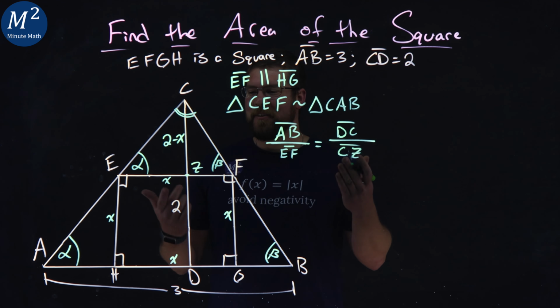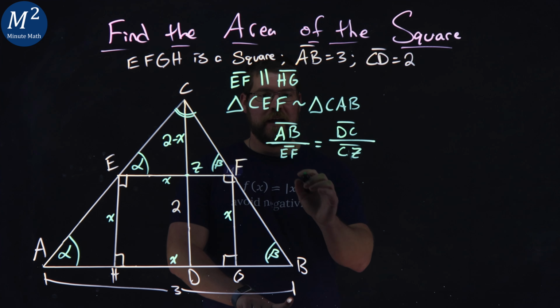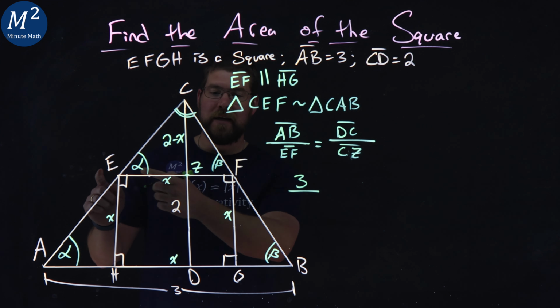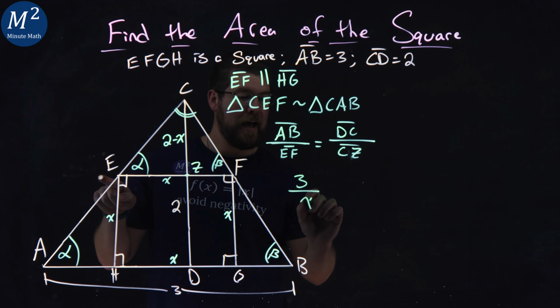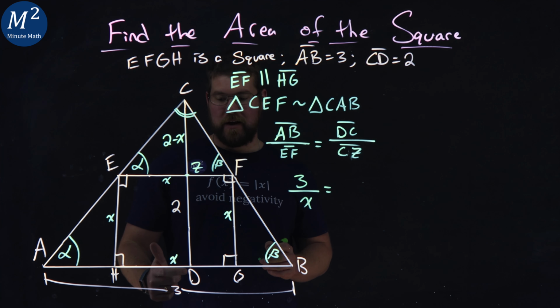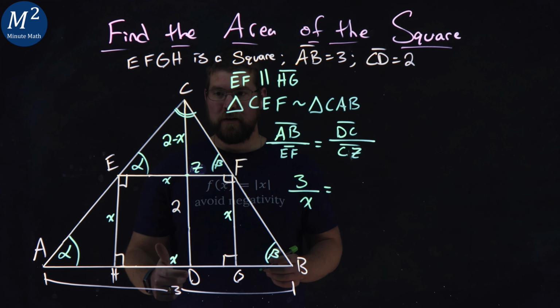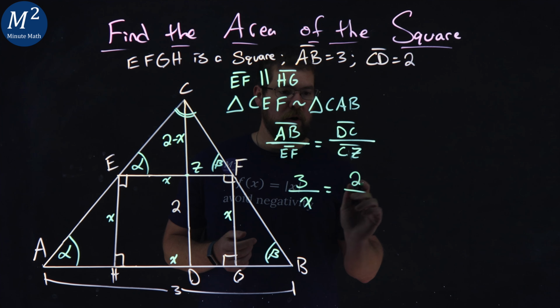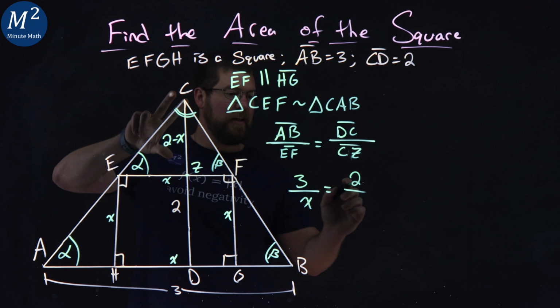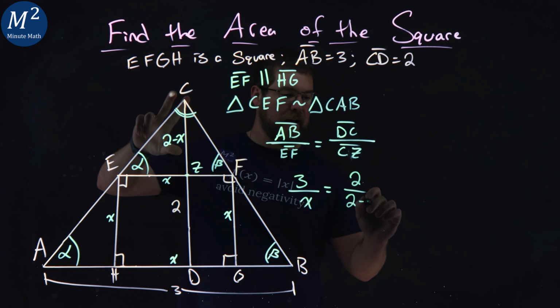So let's fill in the values we know. AB we knew was 3, they told us that from the beginning. So we have 3 over EF, which is x, equals DC, the height of the large triangle, 2, over CZ, which is 2 minus x.